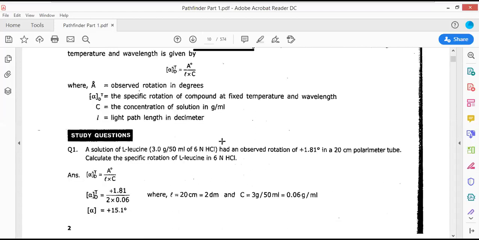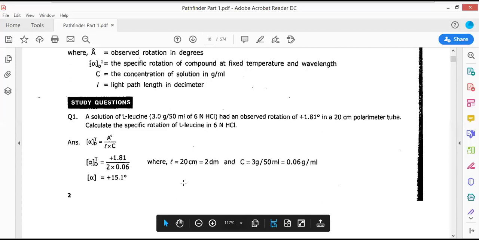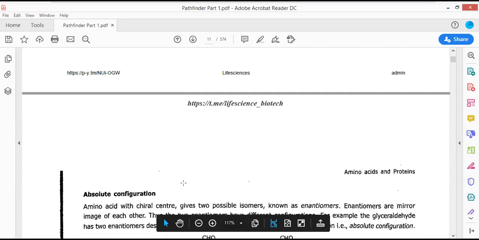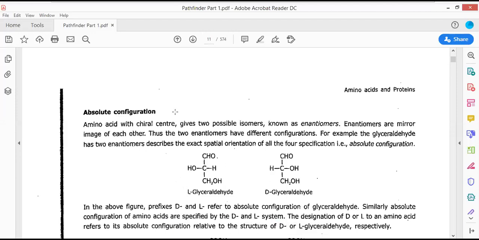Now we are going to move forward. Such types of questions are given in your MCQ, and you can solve those questions. Now there are two different types of absolute configurations. What do you mean by absolute configuration? Configuration, as the word indicates, is a very important word.